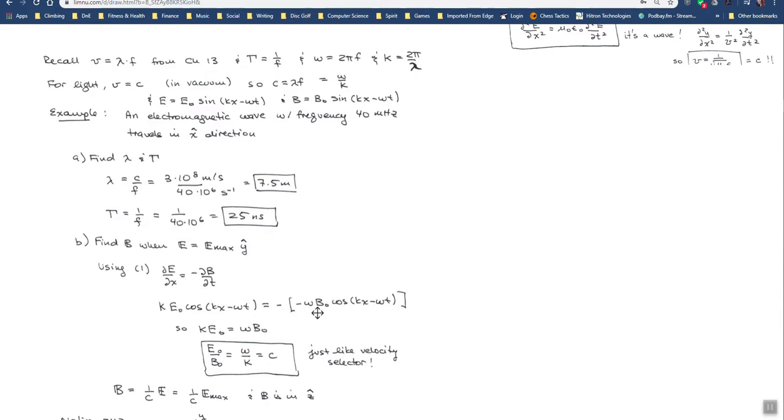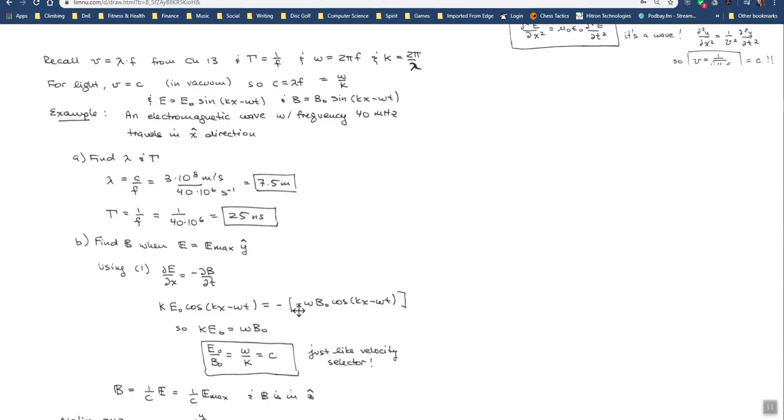And if I do the same thing with the time derivative of the magnetic field, when I take the derivative of sine kx minus omega t, now I have to bring this minus omega out in front, because the derivative of the argument of the cosine is minus omega.